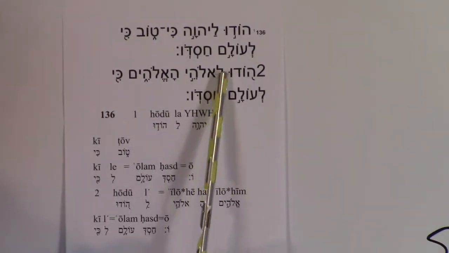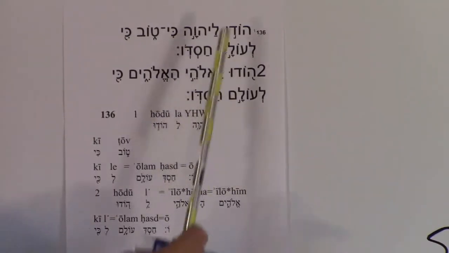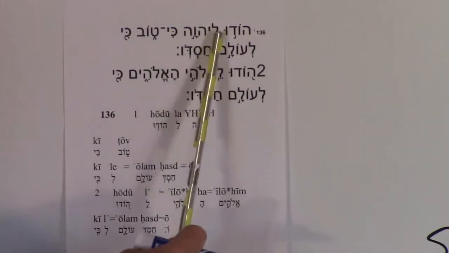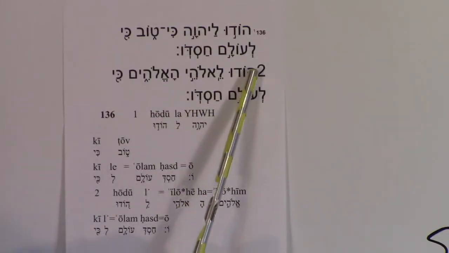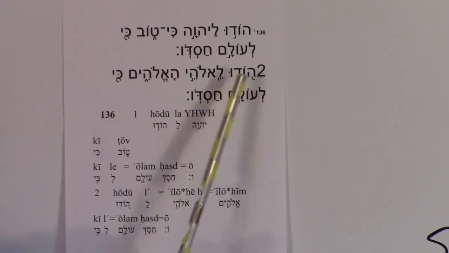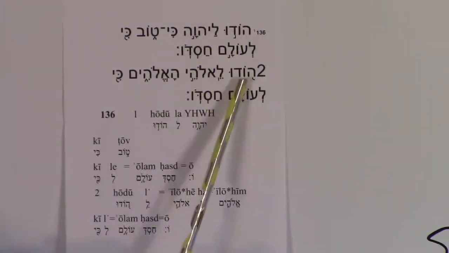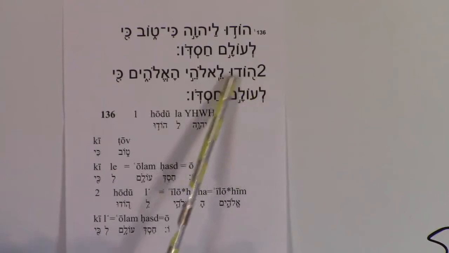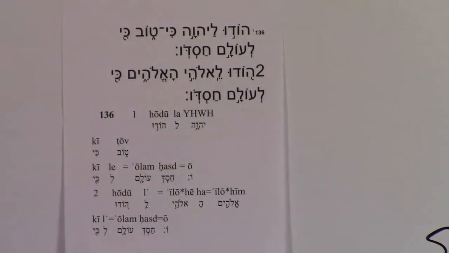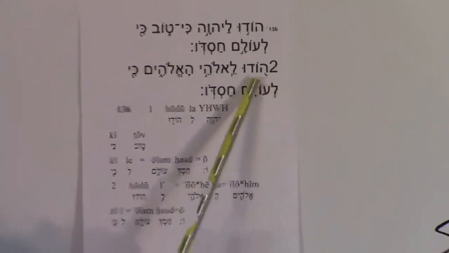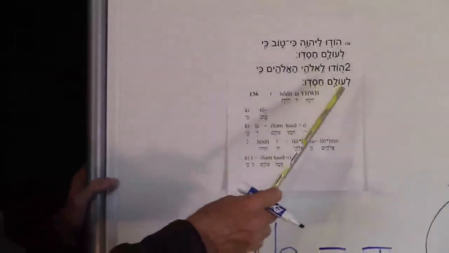So the lamed sere, instead of the lamed patach in this instance, is going to go over here with the Hodu. So it's going to be Hodu la here, Hodu le. Hodu le El. Hear the emphasis on the El? That's why I want you to do the syllables. Hodu la El, because otherwise you go Hodu le El. Are you with me?